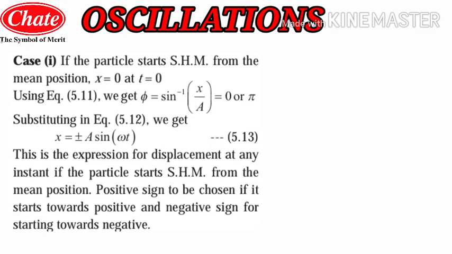So this is the first case we have seen with the help of the equation phi is equal to sine inverse of x by a. We have got the expression x is equal to plus minus a sine omega t. Now we will see the second case.